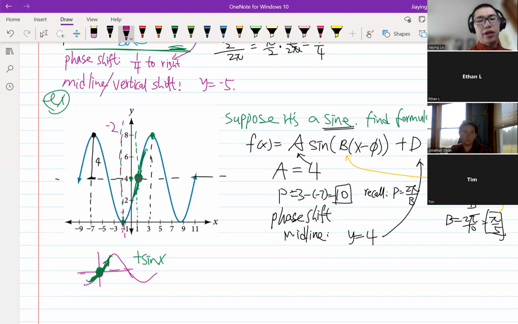That's 5 units divided by 2, 2.5, so that's actually -0.5. This is way off, and I apologize. So that actually should be at -0.5. It doesn't look right, but that's what it should be. This point on the midline should be exactly halfway between the lowest and the highest. So that should be 0.5. So the phase shift is just going to be 0.5 to the right.